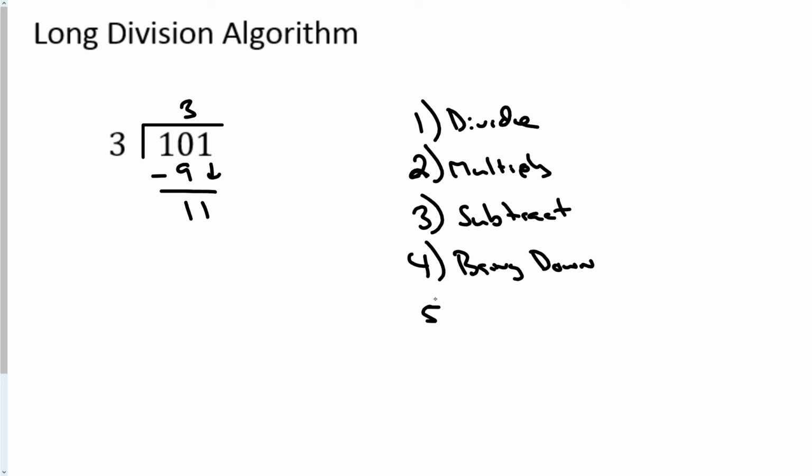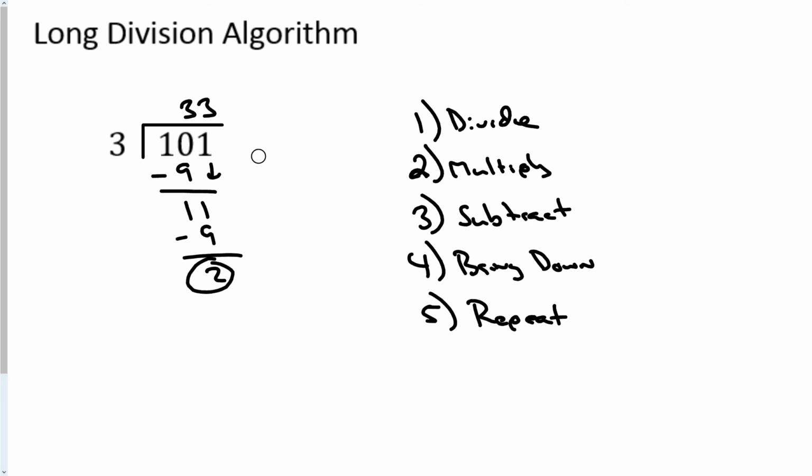And then the last step is to repeat. And you just keep repeating until you get to the end. So divide, multiply, subtract. Now there's nothing to bring down here. So that means that 101 has a remainder. There's something left over at the end. Now we could, with numbers, put a decimal and keep going like this.